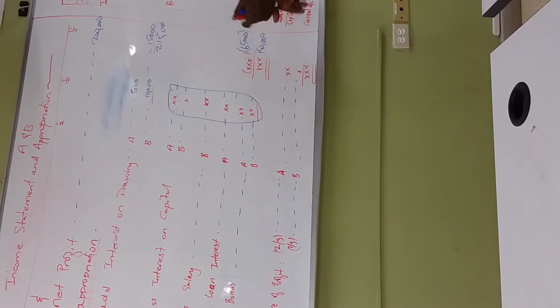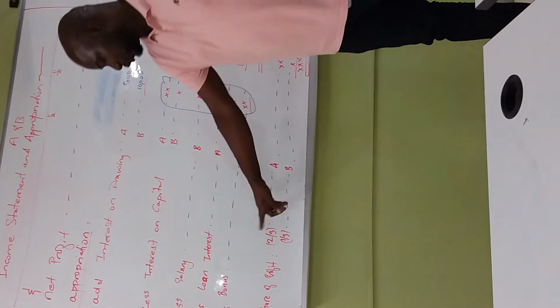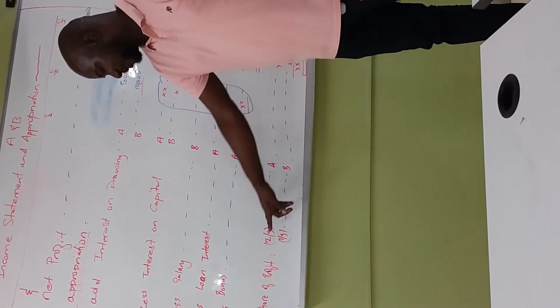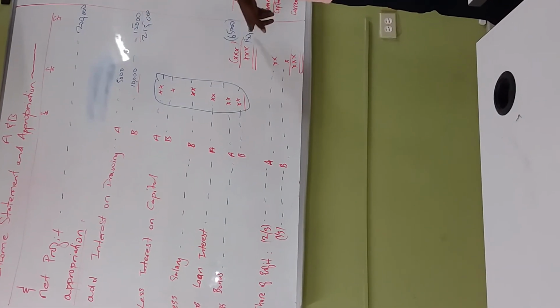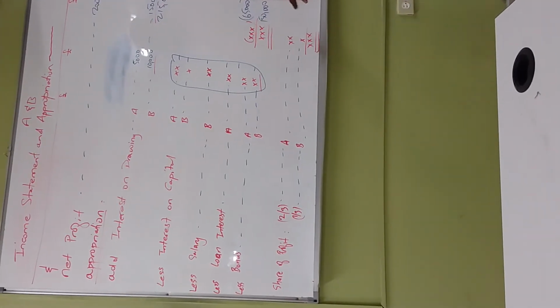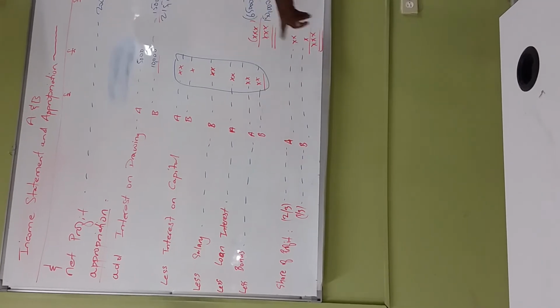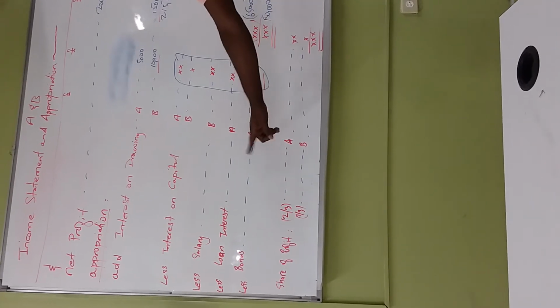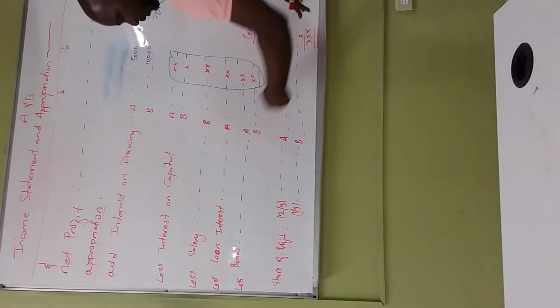Now, based on this example, we're sharing in the ratio of 2/3 and 1/3. So partner A is getting 2/3 of the appropriated profit, whereas partner B is getting 1/3 of the appropriated profit. So therefore, this is where we calculate it.